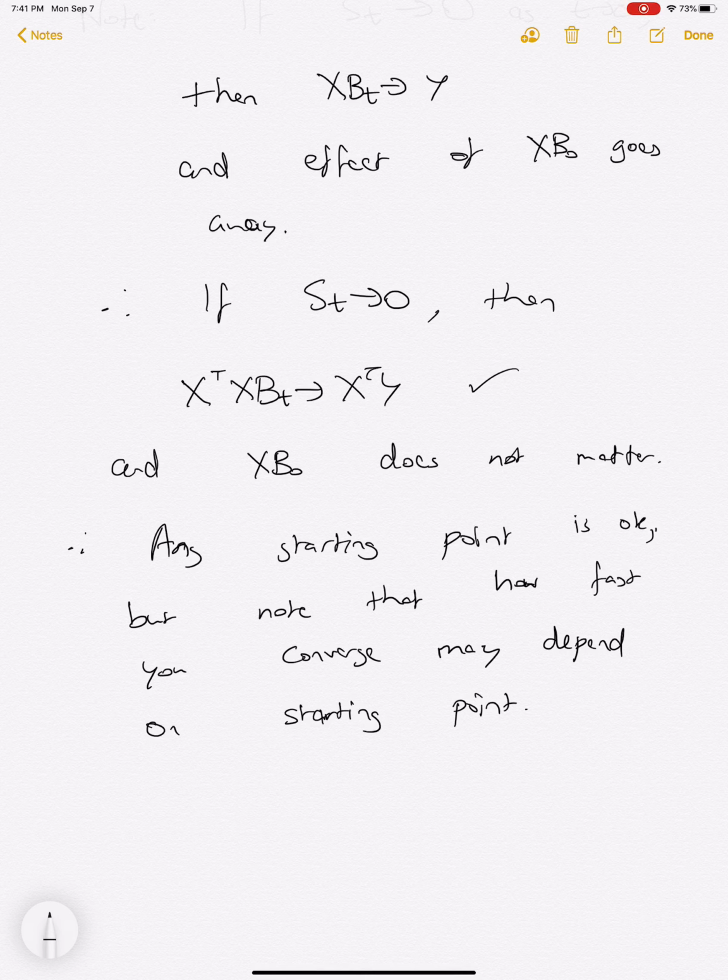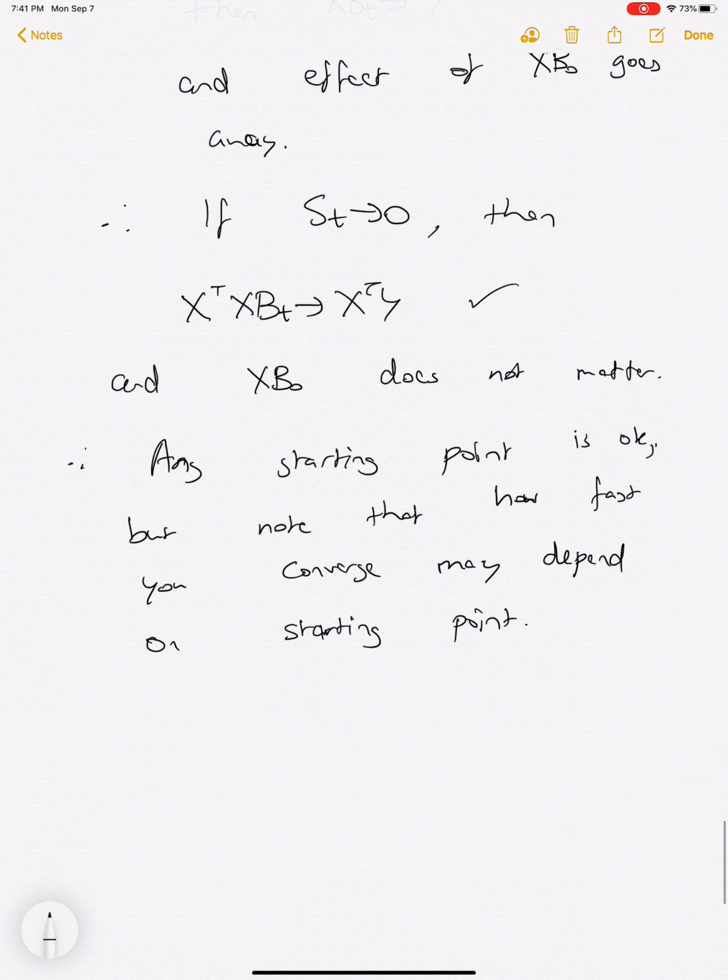But by and large, in this particular setting, the starting point shouldn't really matter too much. And certainly for other objectives, the starting point will matter, and we will talk about that at various points. But when we have this nice linear system, the starting point shouldn't matter as long as S_t goes to 0.